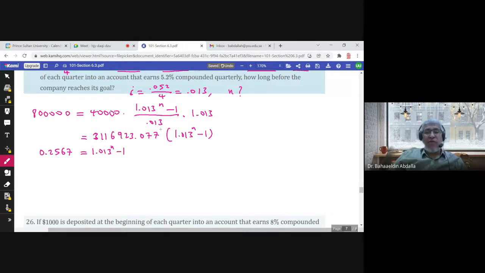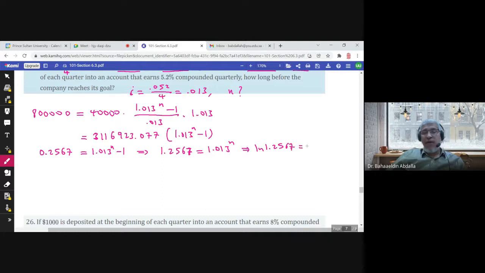I divided both sides by this number. Okay. So now I take 1 to the other side. And now I apply ln to both sides.